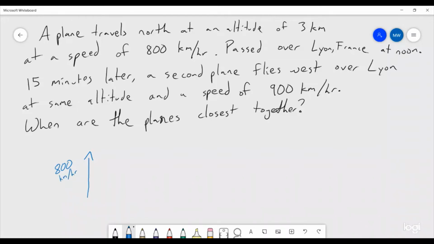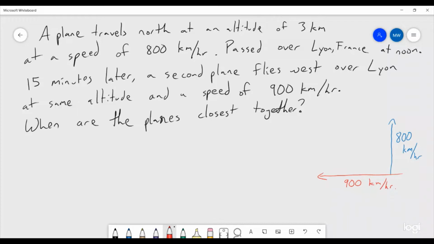And then we have a second plane that is 15 minutes later traveling due west. And I just realized that that is the wrong direction. So let's fix that. Okay, so it's going due north at 800 kilometers per hour. And we have a second plane traveling west at 900 kilometers per hour.